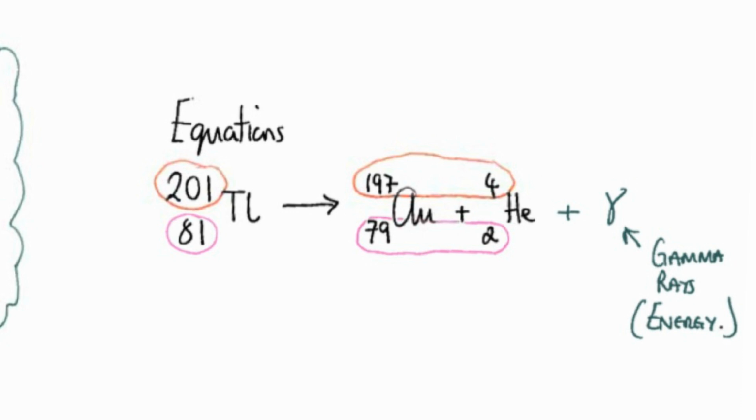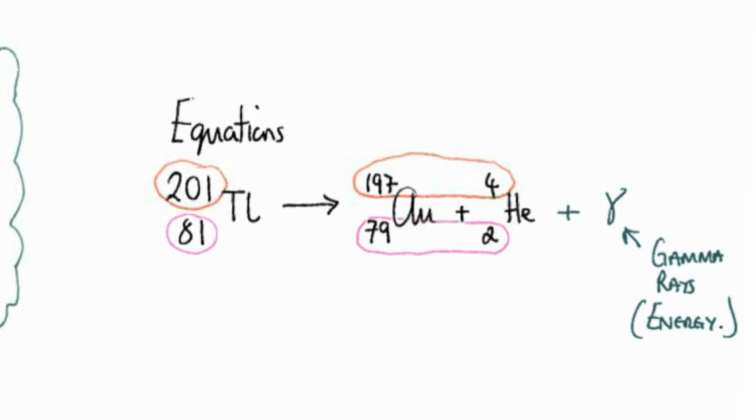Now, what you need to know for exam purposes is that the atomic mass, the number in orange up there, what you had before the arrow, 201, must equal the total after the arrow. So 197 plus 4 must equal 201. And the same applies to the pink numbers underneath. So you've got 81 there, and that must equal 79 plus 2 underneath.